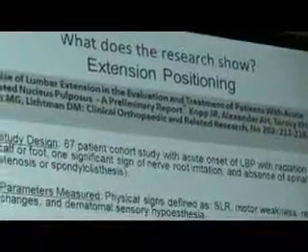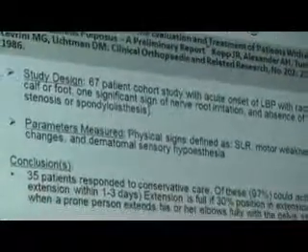Basically physical therapy testing. I like this test because it basically indicates that if you have a real bad disc patient and they can't achieve some kind of extension, in half of these cases of the 67 patients, the other half goes to surgery. So extension positioning is a good prognosticator of clinical outcome.